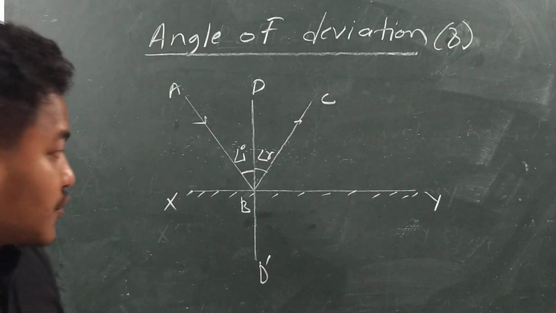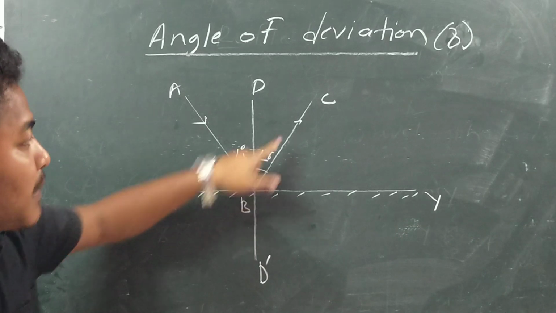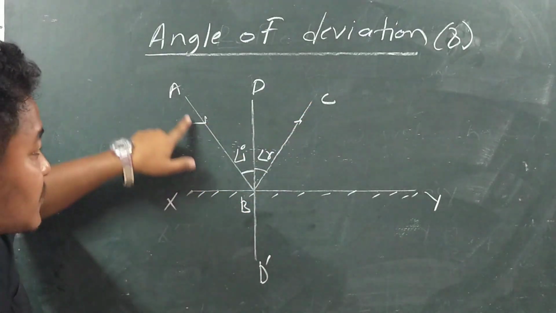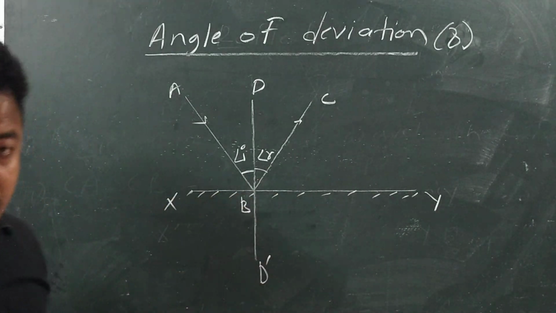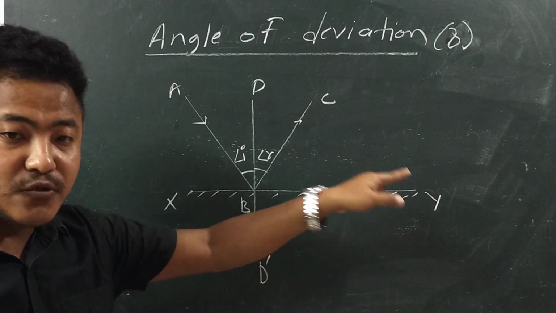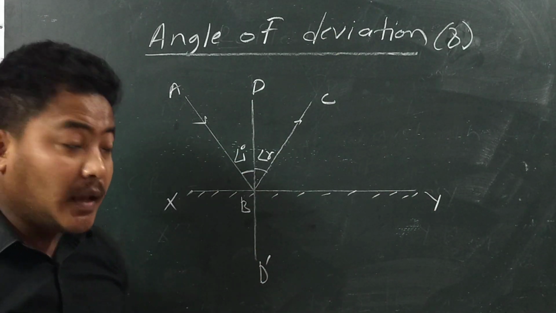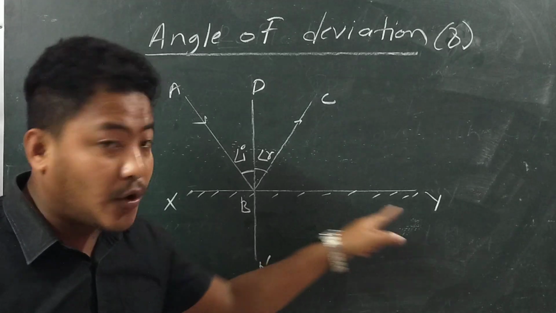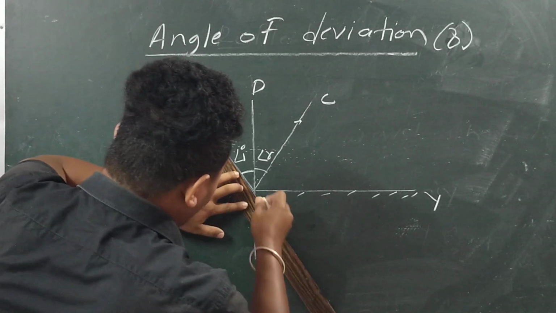Now imagine a situation: this incident ray has bounced back. Why? Because this ray has struck the surface. This ray has struck the surface, that is why it has bounced back to the same medium. If this surface is not available, then what will happen? This ray would have gone this way.